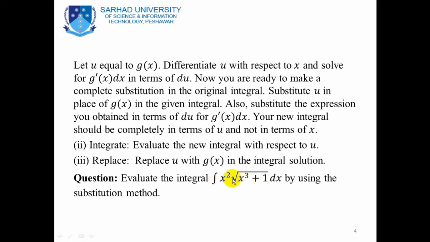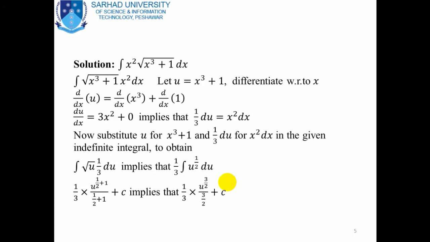So this point is very important. First of all, check in the function which part should be supposed for the u domain. If we suppose x square is equal to u, then after the derivative we cannot obtain x cube plus 1 as a function of u. So if we suppose x cube plus 1, then after taking the derivative we obtain 3x square dx is equal to du, like you see over here in this solution.